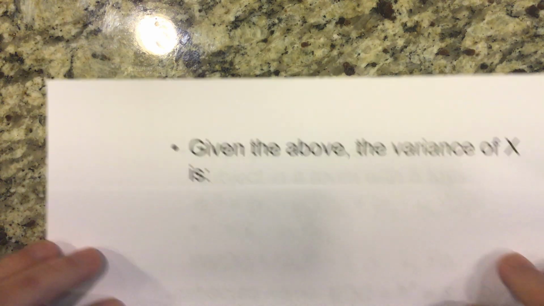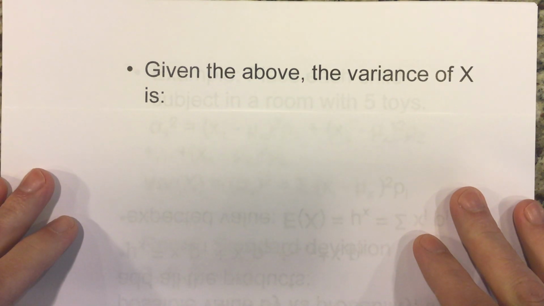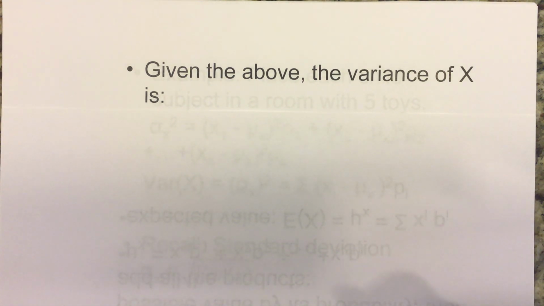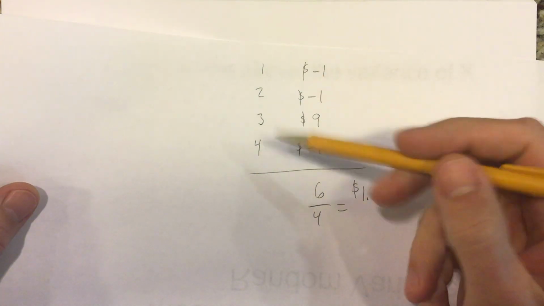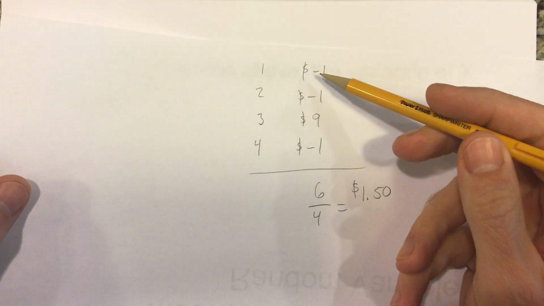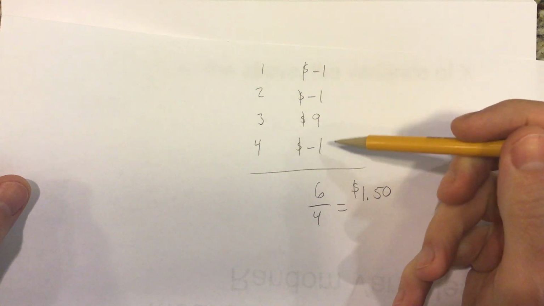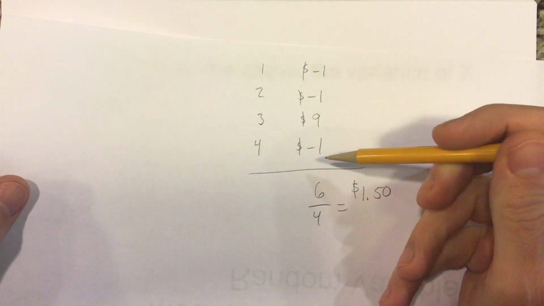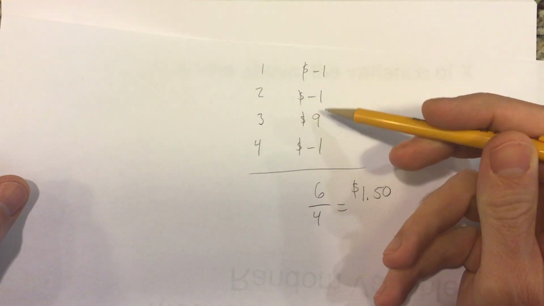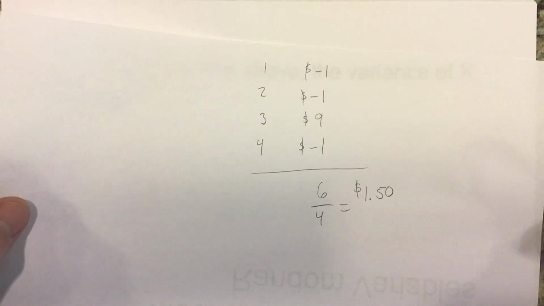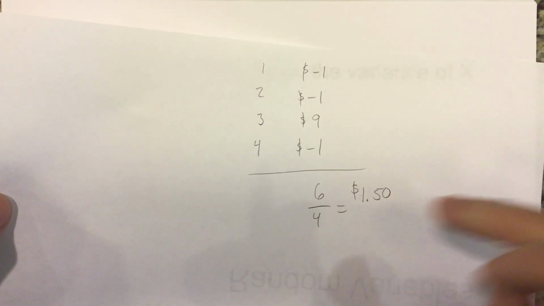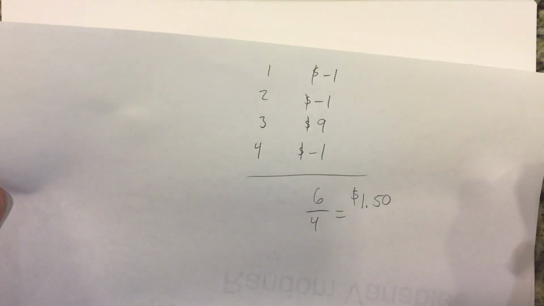All right, now let's talk about the variance or standard deviation of the random variable. Going back to what we said way back here, right? Let's take the variance of this data set, right? -1, -1, 9, -1. Okay, so step one would be find the mean, which we already did, right? The mean's $1.50.